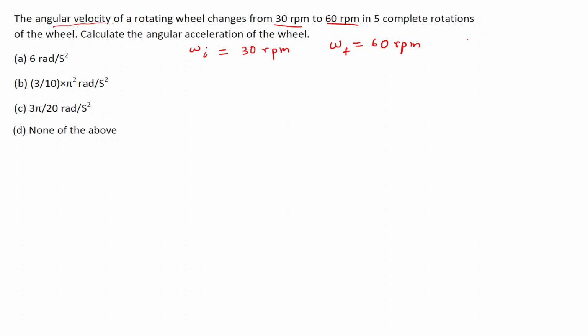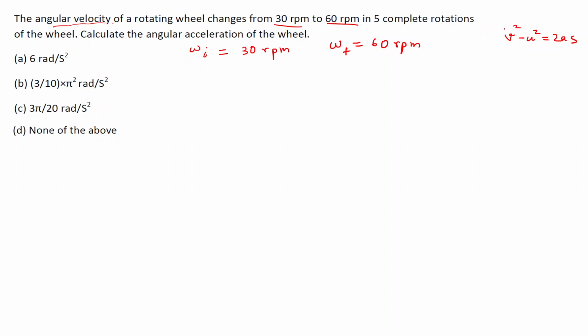Then, if you remember the equations of motion, for linear motion we have three equations of motion, right? The third one is v square minus u square is equal to 2as. This is the final velocity, this is the initial velocity, this is linear acceleration, and this is the distance.